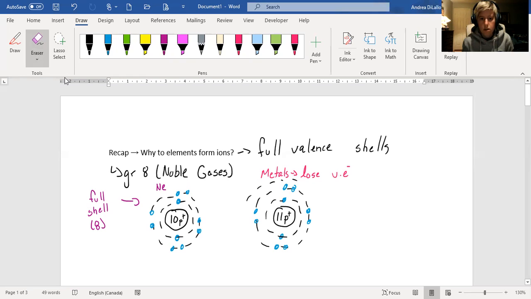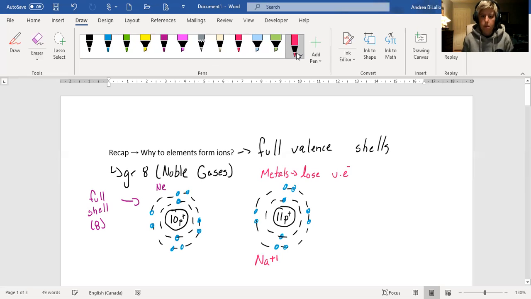And we'll notice that what we have right here is ionic sodium, Na plus 1, because I have 11 protons compared to 10 electrons.